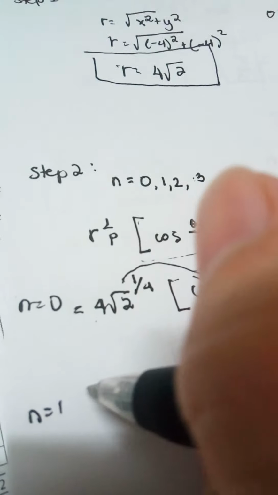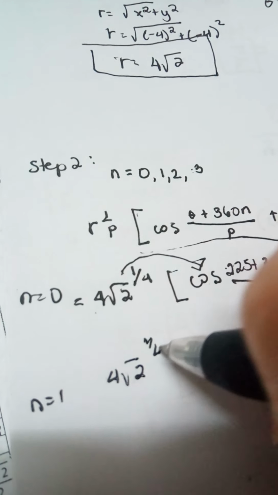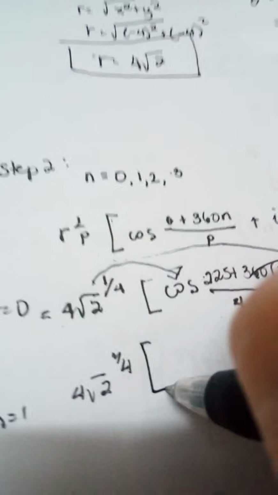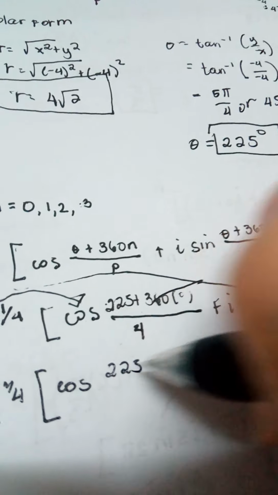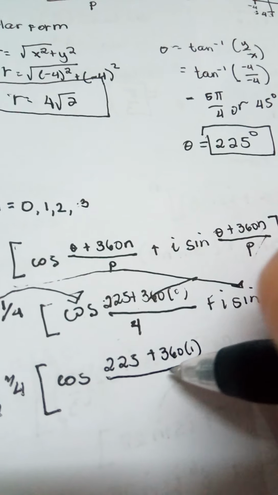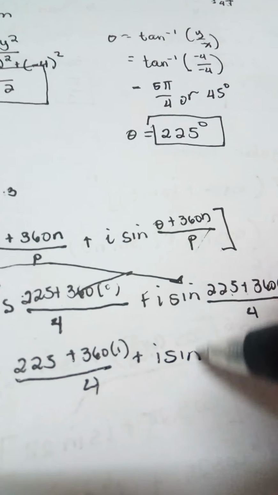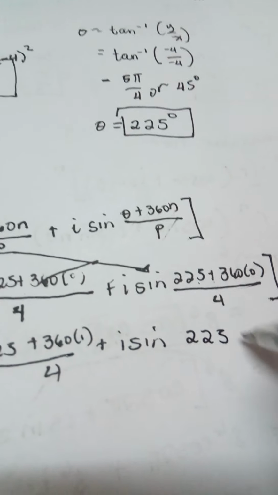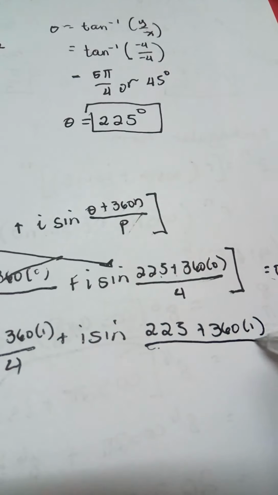next, when n is equal to 1, so 4 the square root of 2 to the power of 1/4, then parenthesis again, so cosine of (225 plus 360 times 1) all over 4 plus i sine of (225 plus 360 times 1) all over 4.